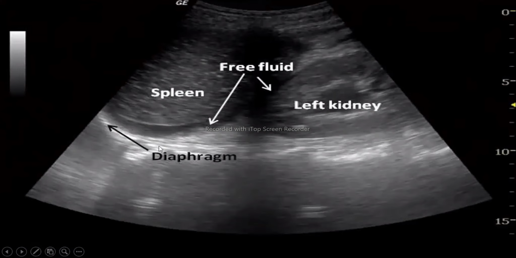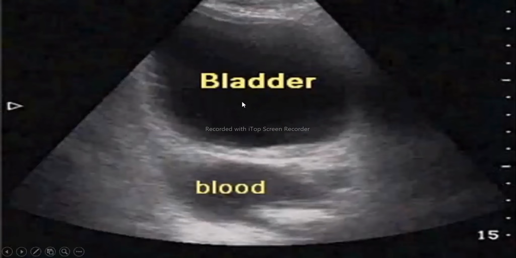Can you see the spleen, diaphragm, very shiny, and the left kidney? Fluid between spleen, kidney, and the diaphragm. Left upper quadrant. Bladder and here fluid. Which view? Pelvic view.